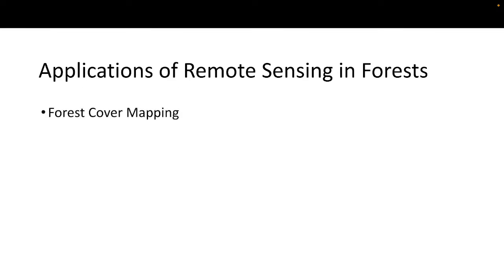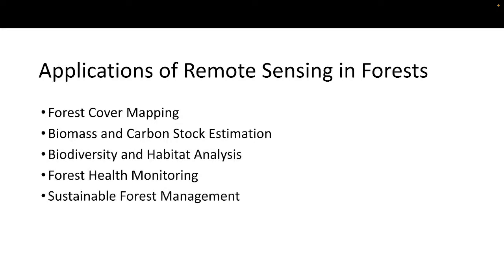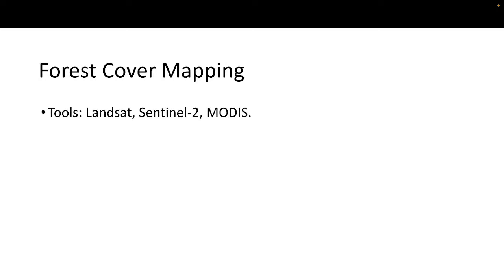An application of remote sensing in forest: forest cover mapping we already discussed. Then biomass and carbon stock estimation, biodiversity and habitat analysis, forest health monitoring, sustainable forest management, disaster response such as fire detection. For forest cover mapping, we use different types of satellite imagery, such as Landsat, Sentinel, MODIS, or any kind of aerial photography or drone imagery.